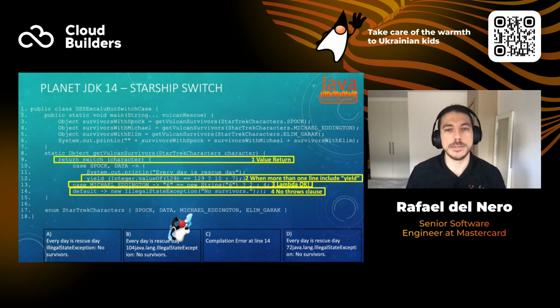And so when you have multiple lines on the switch case statement, you use the keyword yield, which means that you're just returning data. So this integer Integer.valueOf, it's kind of tricky, this one.